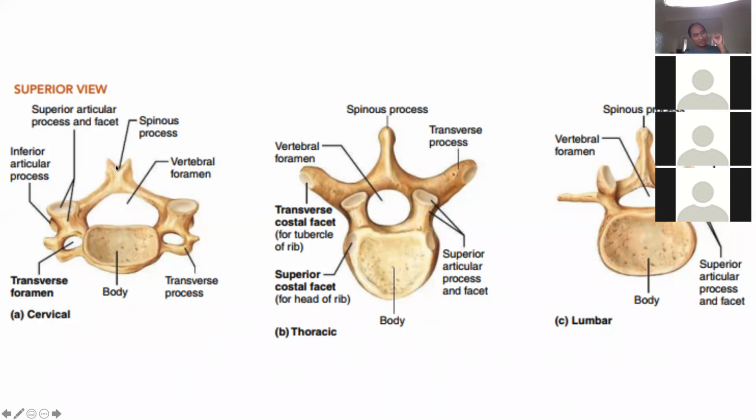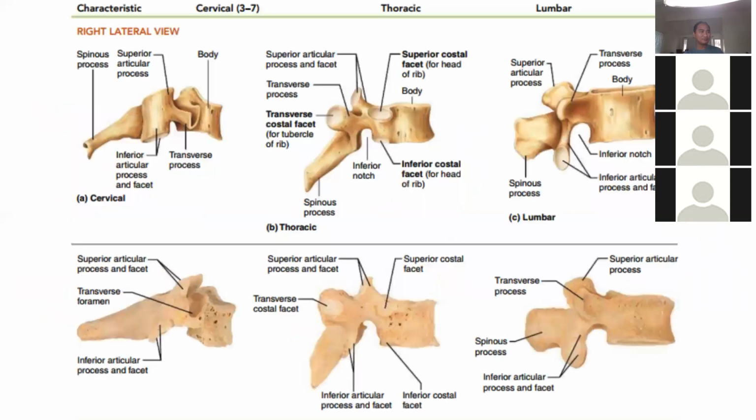So that is the significant difference. The shape of the vertebral body here is like a heart shape. This is like an oval shape. And this is a small vertebral body, similar to the lumbar vertebra, but smaller.